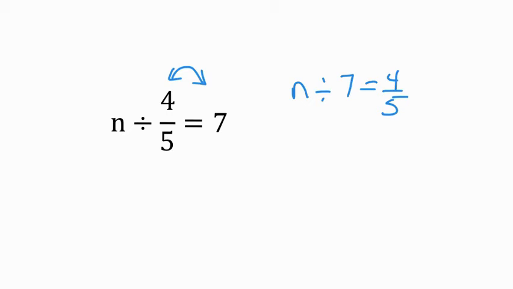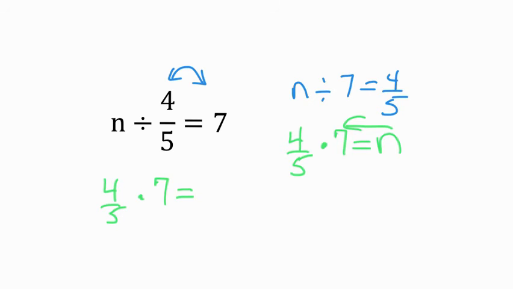So now I have to go and deal with my multiplication. Remember, when I work in reverse, I change my sign. So now it's 4/5 times 7 equals n. Okay, and I could stop there because I have n by itself. So that's the equation I'm going to use, 4/5 times 7 equals n.